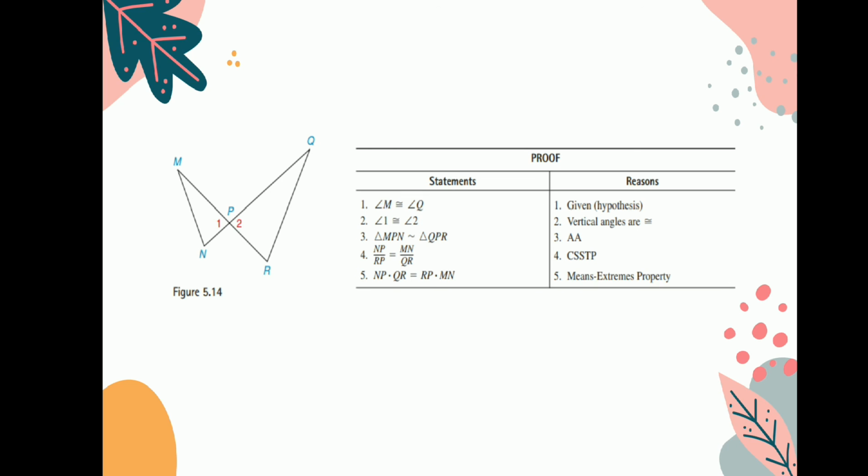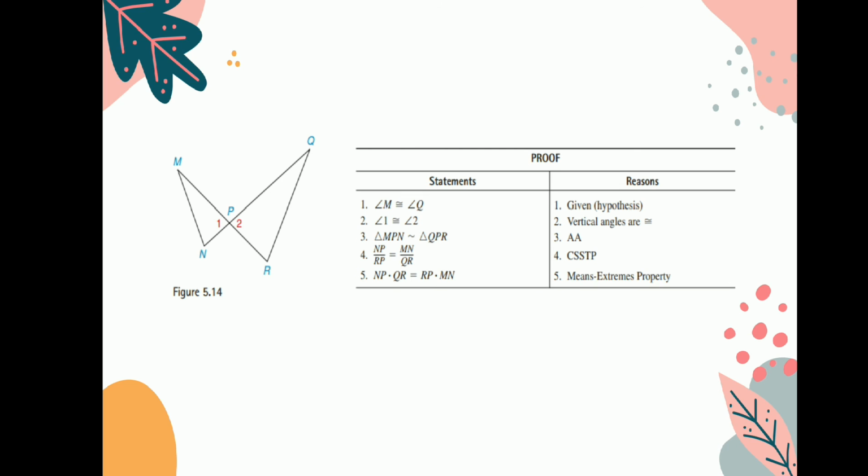Statement 1 is angle M is congruent with angle Q. The reason is given, or the hypothesis. And statement 2, angle 1 is congruent to angle 2.